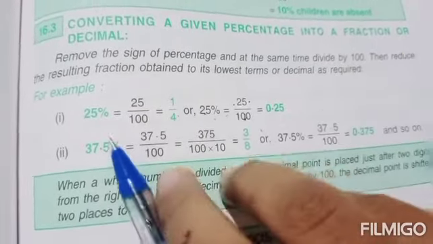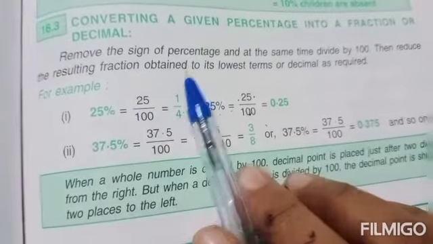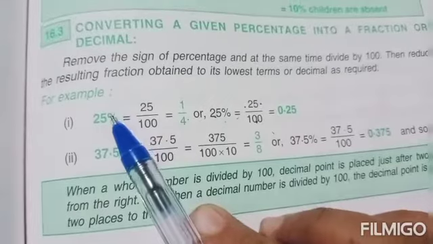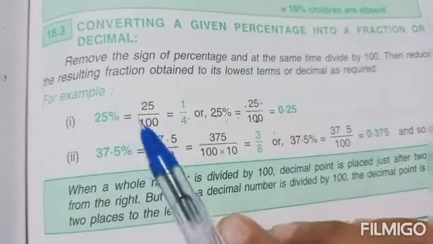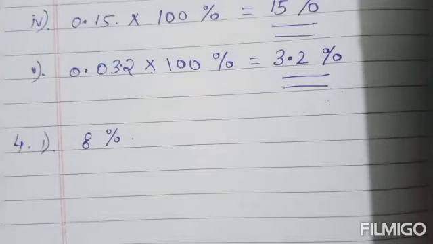Okay, so in order to convert a given percentage to decimal or fraction, remove the percentage sign and divide it by 100. This is the step.